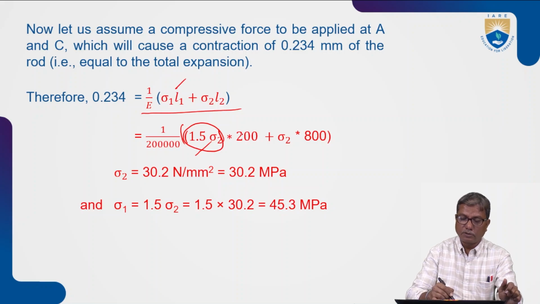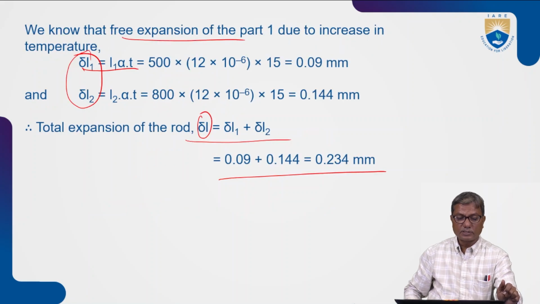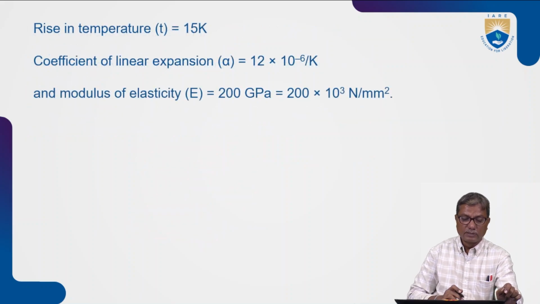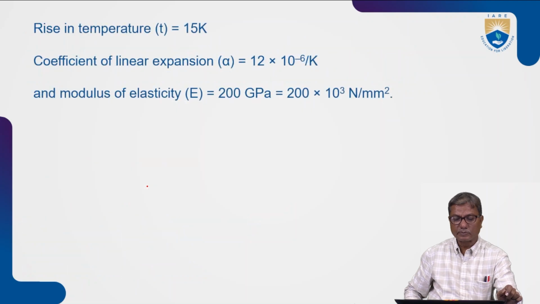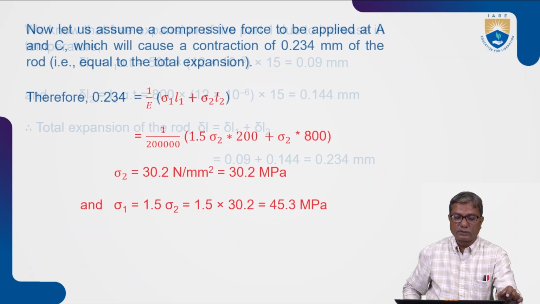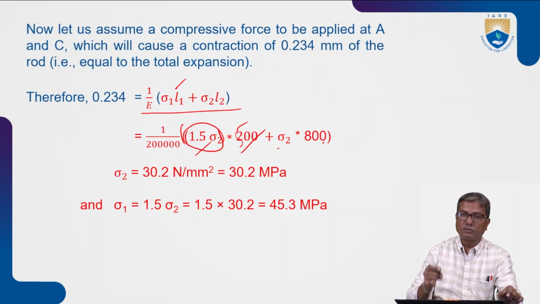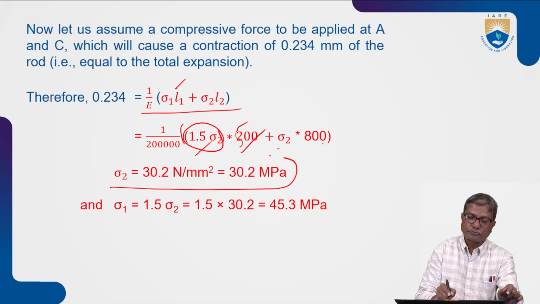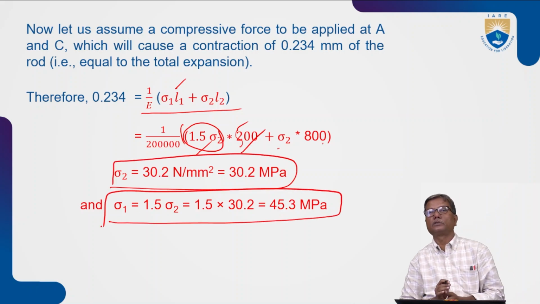L1 is 500. So this is 500 sigma 2 L2. So this gives sigma 2, and sigma 1 is 1.5 sigma 2.